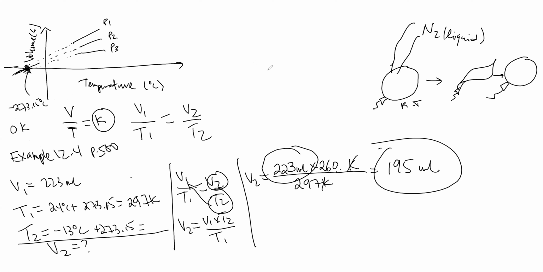I was able to convert degrees Celsius into Kelvin because there was just a difference. The magnitude of a Celsius degree is equal to a degree Kelvin, but the offset was at 0, because 0 Kelvin was equivalent to negative 273.15. And remember how I was able to go from Celsius to Kelvin by adjusting for the difference in the 0.